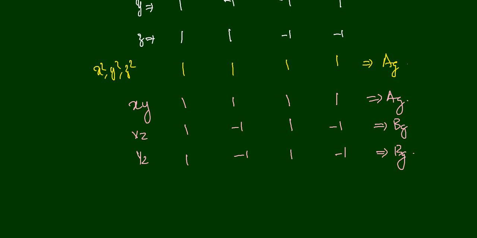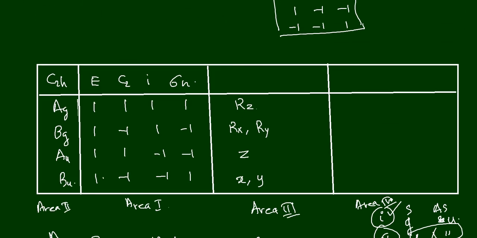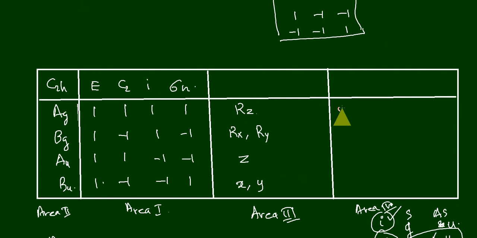Let us write against the AG: x square, y square, z square, separated by commas. Then we have to write xy. So all these binary products and squares transform according to the AG symmetry.